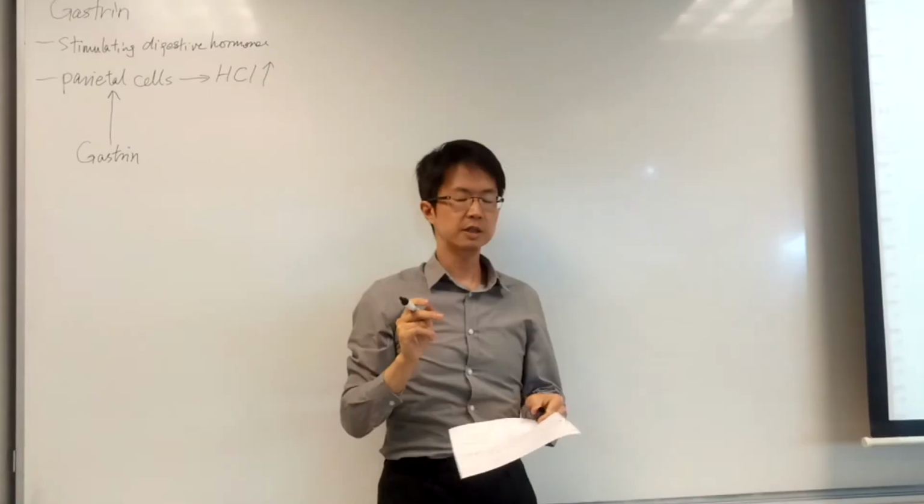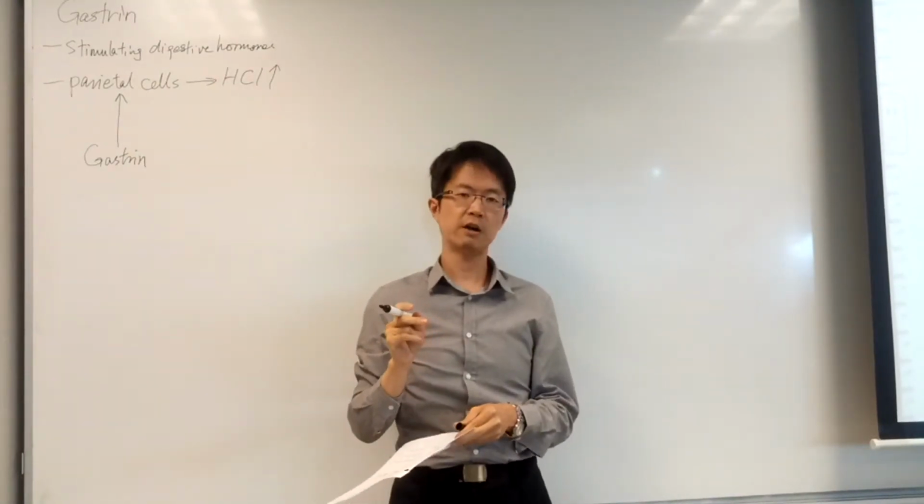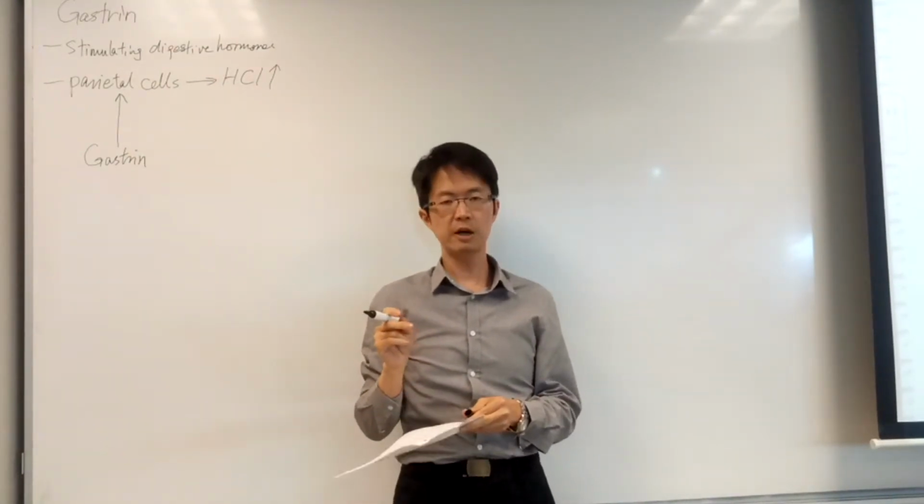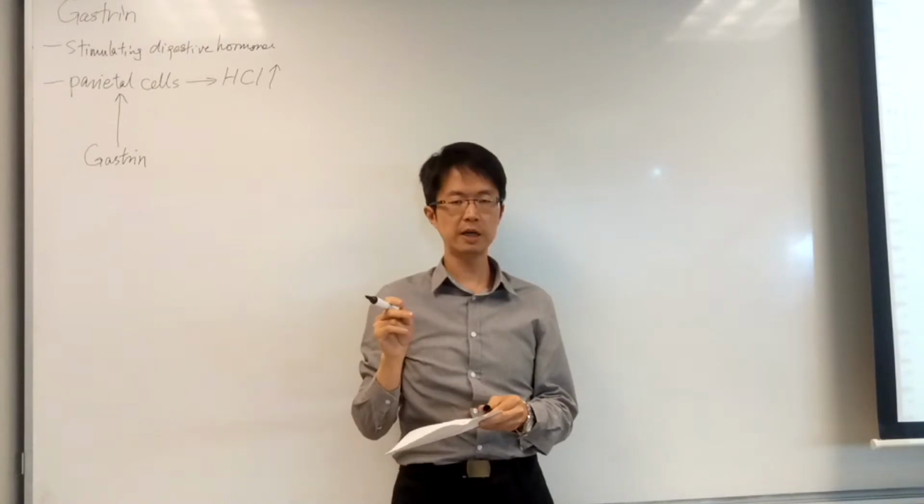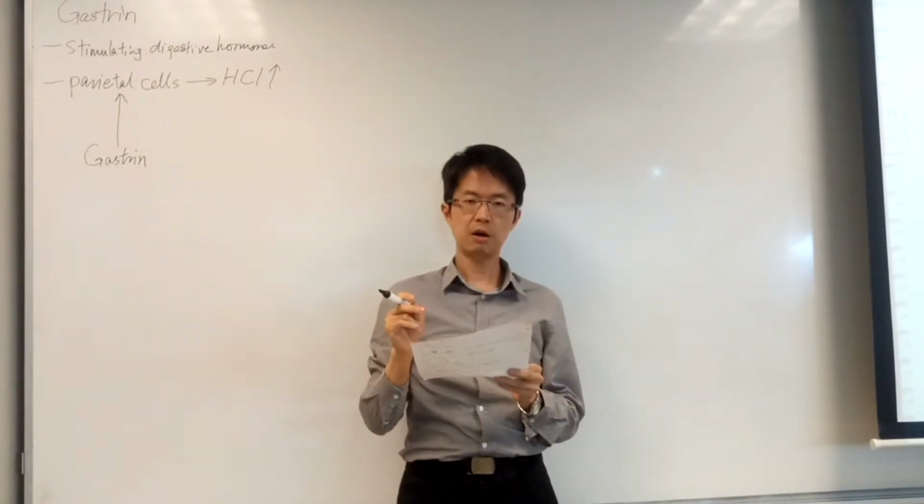And gastrin is secreted by something called a G cell. G cells are special cells in the antrum of the stomach.